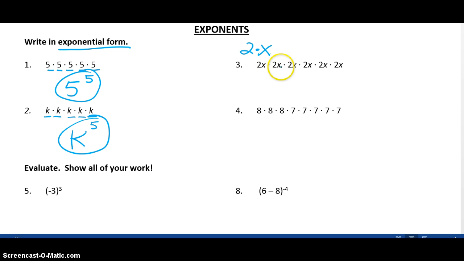There are 1, 2, 3, 4, 5, 6 2s, so it should be 2 to the 6th times x to the 6th, because there are also 6 x's, or you could put 2x in parentheses to the 6th. Since both are in parentheses, the 6 applies to both, so either would be an acceptable answer.